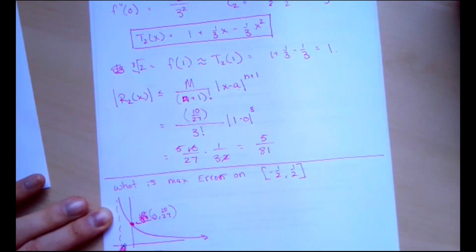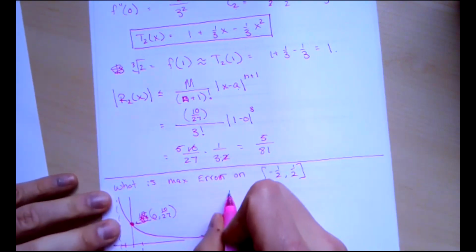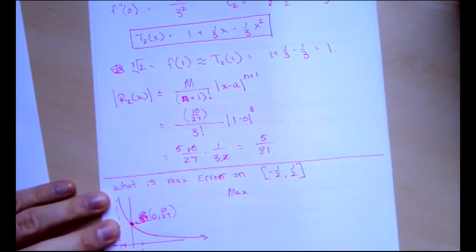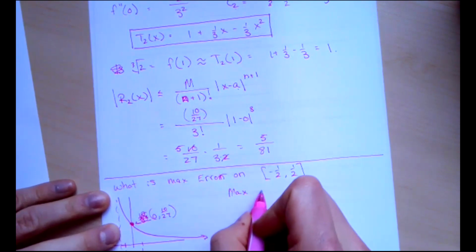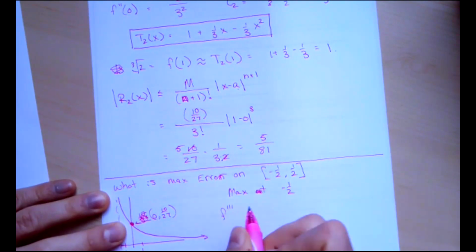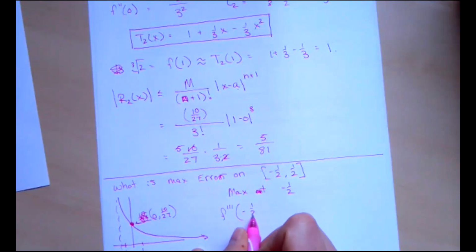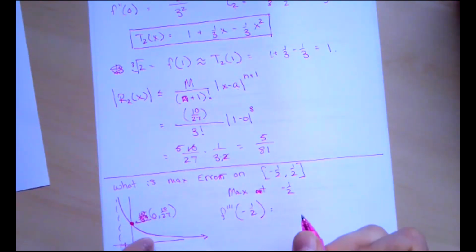The problem is now I changed the interval to minus 1/2, 1/2. And so where's the maximum value going to be? Still on the left. We just need to figure out that value. And so we use our third derivative, x triple prime of negative 1/2. And what do we get?